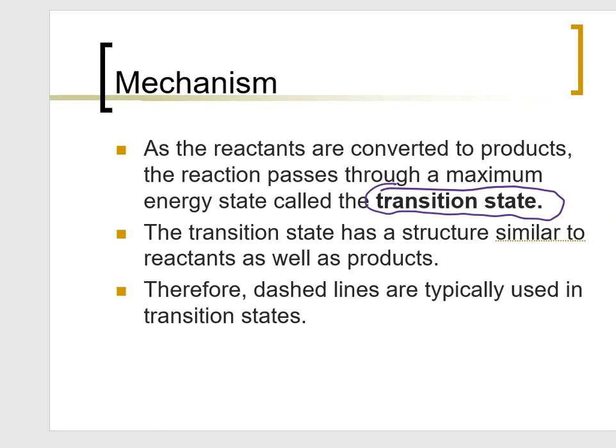As it goes through the process of the reaction, we can get something called a transition state, and that is the maximum energy state. Again, you'll see this in a diagram that I'll draw in just a second, but this saves me some handwriting that you can't read, so at least you can see this on your screen.